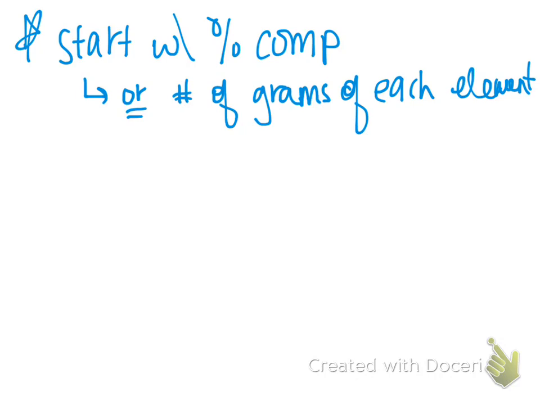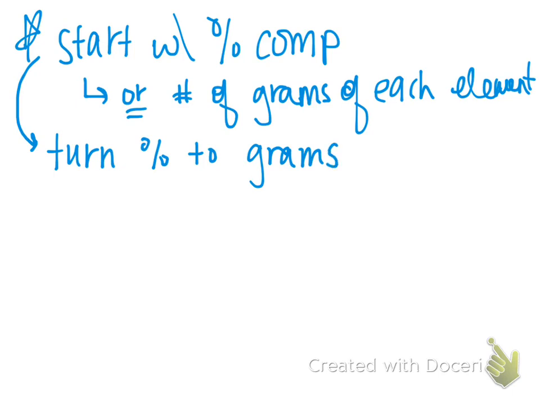So when we're looking at the ratios of these elements from one to the other, if we're given a percent composition to start, we're going to act like we're just dealing with 100 grams of our substance. And we're going to turn each of those percentages just into grams. Okay, so step 2 kind of here would be turn percentage to grams.